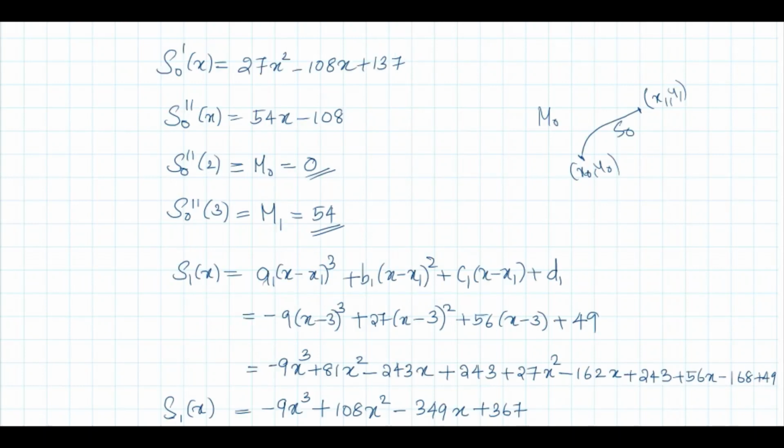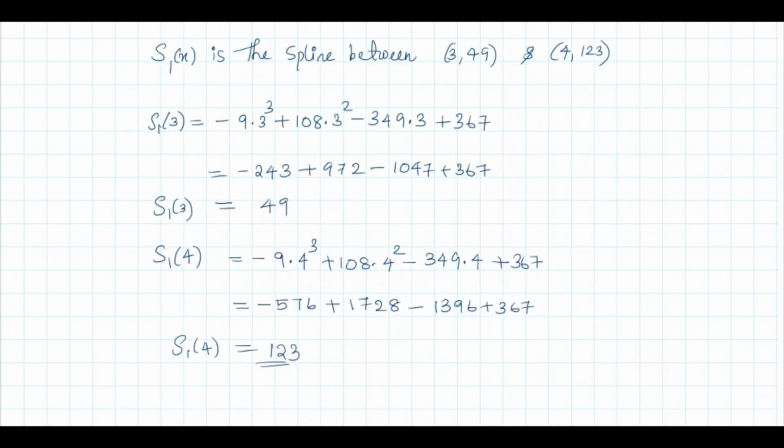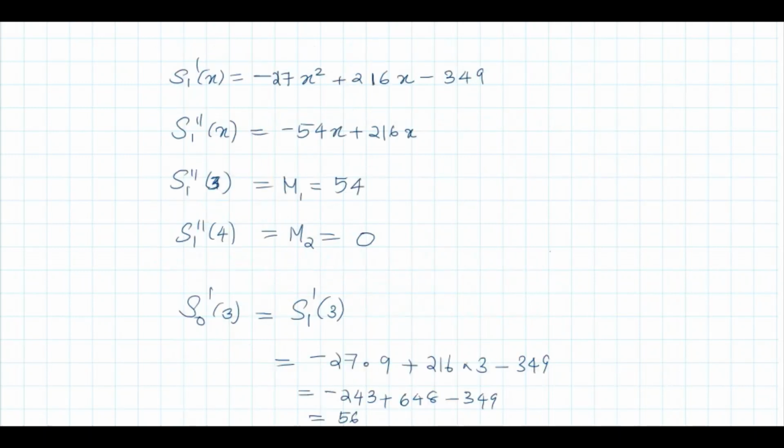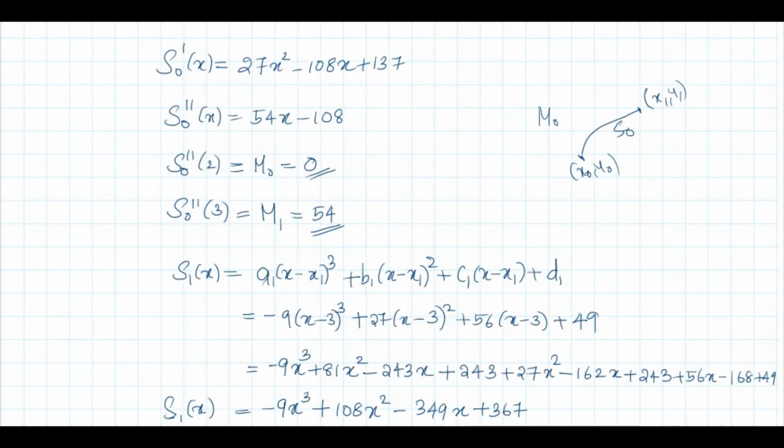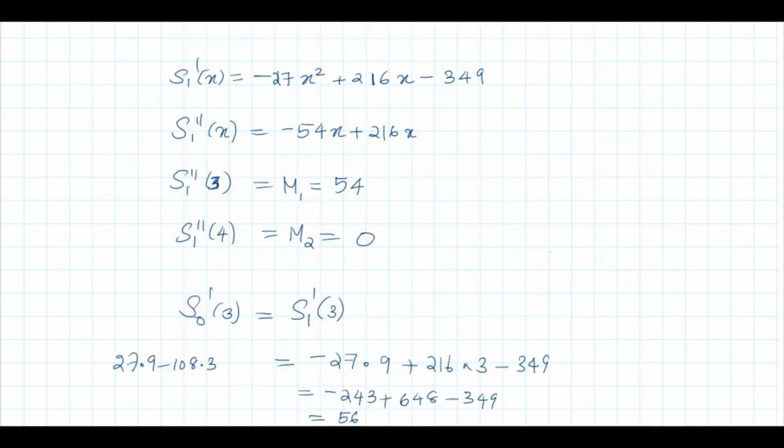What is S0 prime? 27x square minus 108x plus 137. So it is 243 minus 324 plus 137.